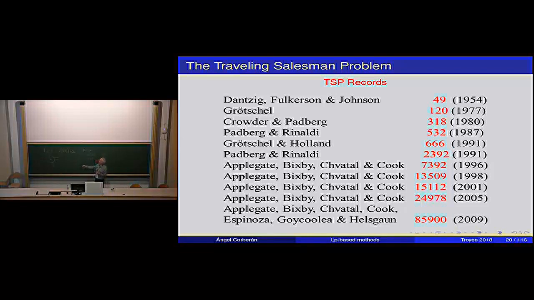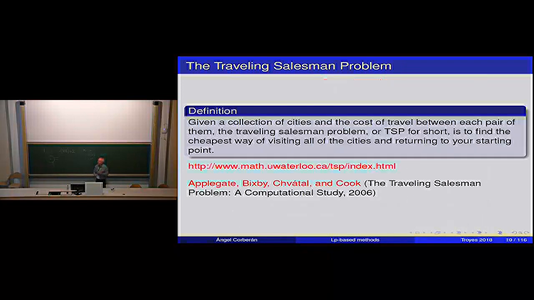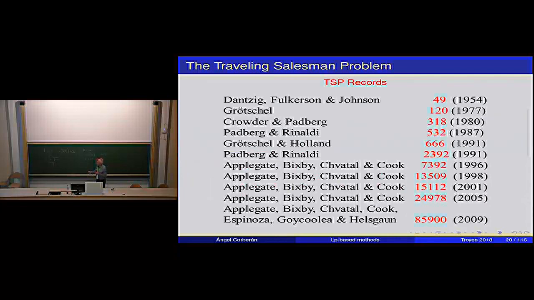The first instance was the instance of Dantzig, Fulkerson and Johnson of 49 cities in the States. Then for 20 years this methodology disappeared.